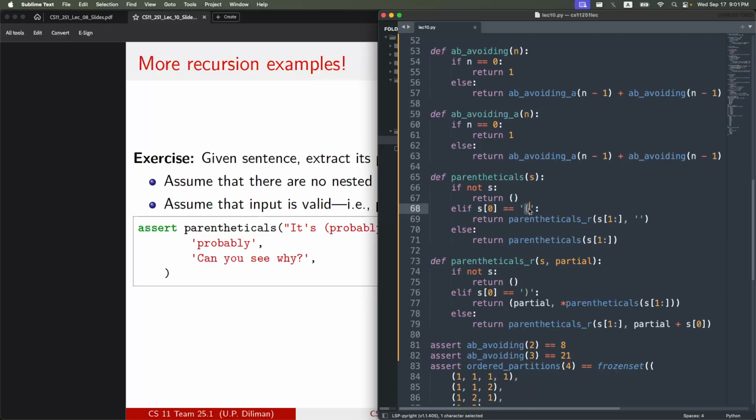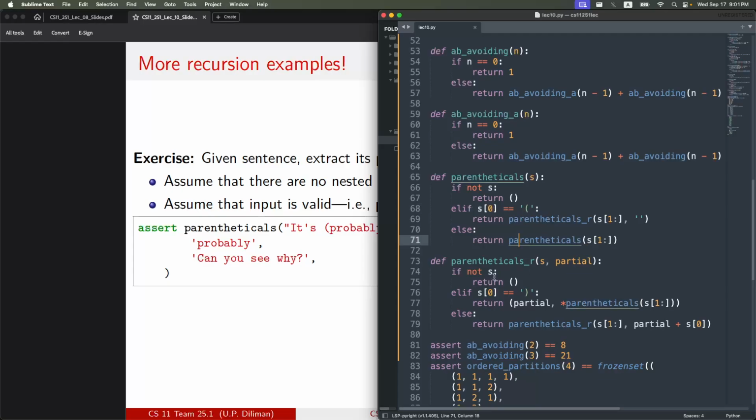So it tries to close the parenthetical. It looks for the closing parenthesis and does that by cumulative recursion. Otherwise, if we've not found a starting parenthesis, then we look for the parenthesis in the rest of the string.